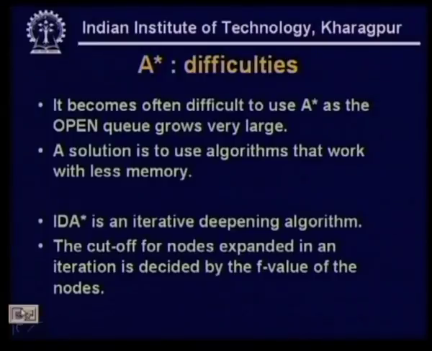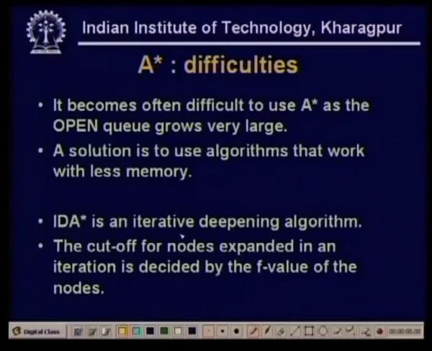Now, we will discuss an algorithm IDA star, which is an iterative deepening algorithm, and IDA star requires less space. We have already talked about iterative deepening search, which is basically a depth first search which does a level by level expansion of the search tree.